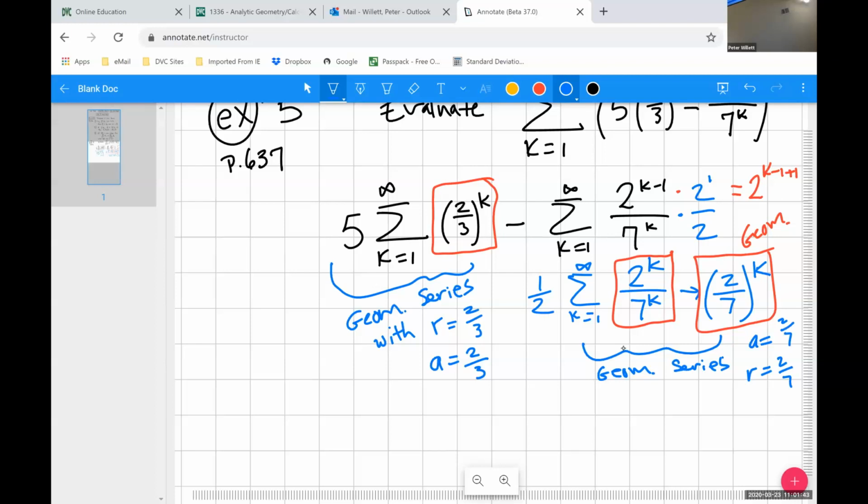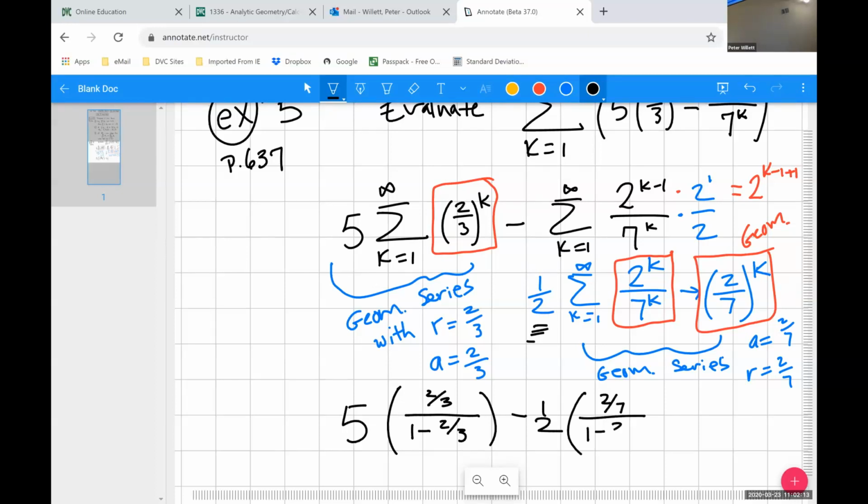So then what do I get? Now I have 5 times, and the formula is a over 1 minus r. So that's (2/3) over (1 minus 2/3), minus, and I can't forget this 1/2 that I pulled out, 1/2 times the result of this geometric series, which is (2/7) over (1 minus 2/7).